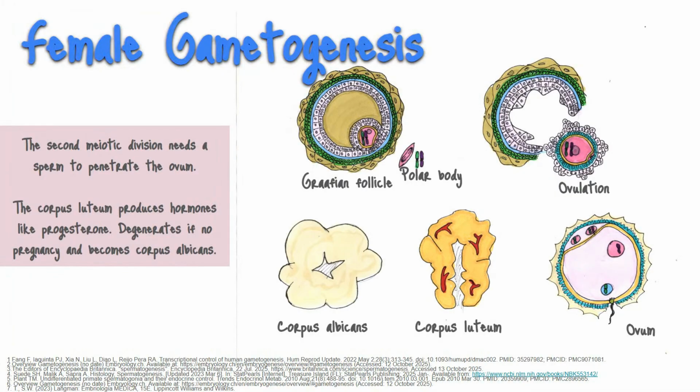It produces progesterone and will promote the conservation of pregnancy if fecundation occurs. It lasts 10 to 14 days if the egg is not fecundated, and if fecundation happened, it lasts 12 weeks until the placenta takes over hormone production. Once the corpus luteum degenerates, it becomes a corpus albicans, which does not secrete hormones.